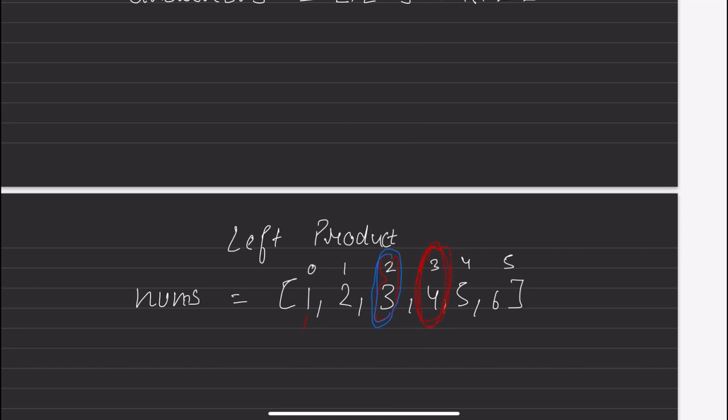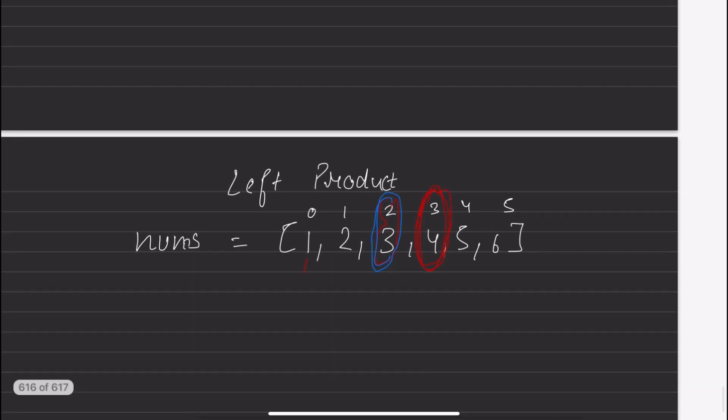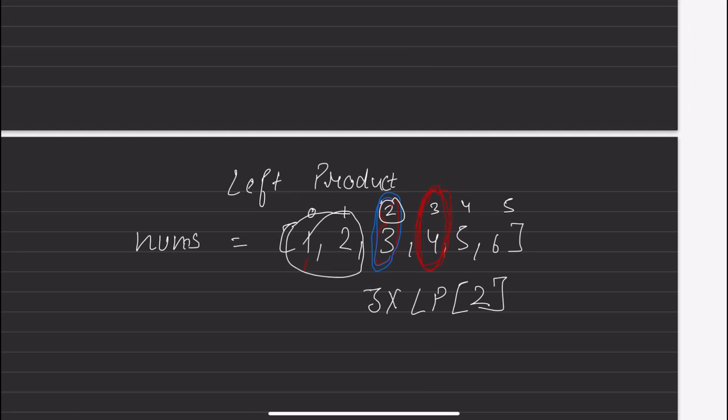It is 3 into the left product of 2, right? If I multiply 3 with the left product of 2, then I'll get the left product of 3, right? LP of 3.